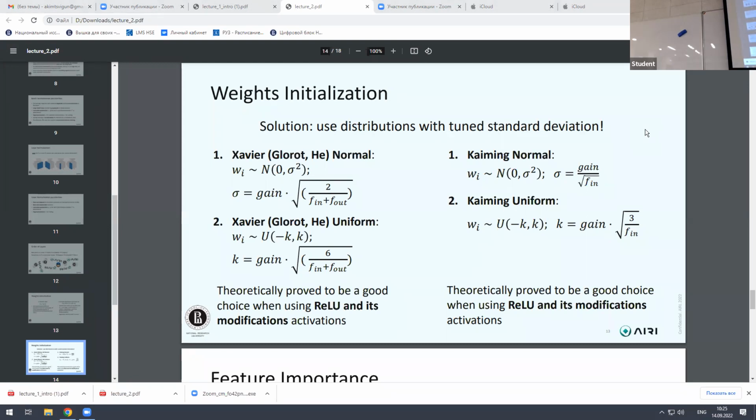For ReLU and its modifications, it was theoretically proved that this one provides much better values. And for sigmoid, hyperbolic tangent, softmax, and logistic functions, it was theoretically proved again that this one provides the optimal values, I mean the optimal values for the first iterations when our values are still not tuned.